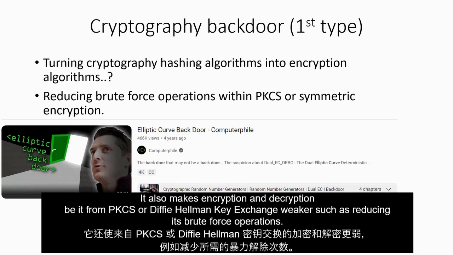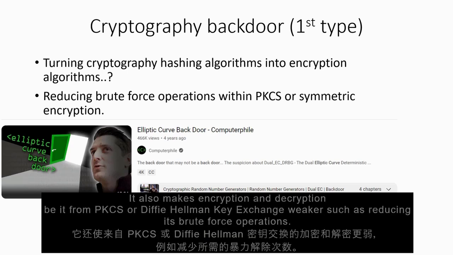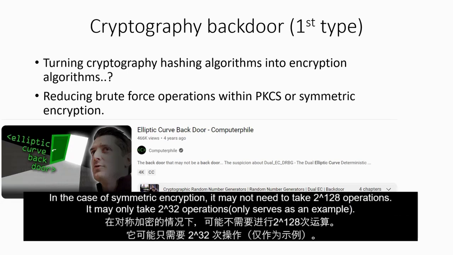It also makes encryption and decryption, be it from PKC or Diffie-Hellman key exchange, weaker, such as reducing its brute force operations. In the case of symmetric encryption, it may not need to take 2 to the power of 128 operations. It may only take 2 to the power of 32 operations. Only serves as an example.